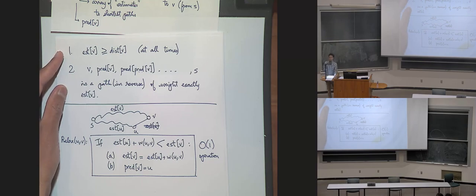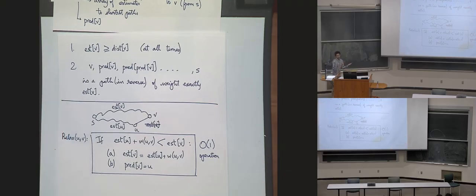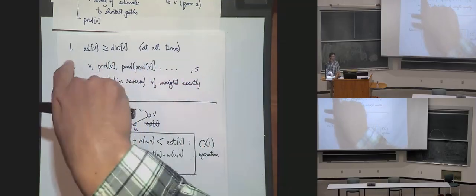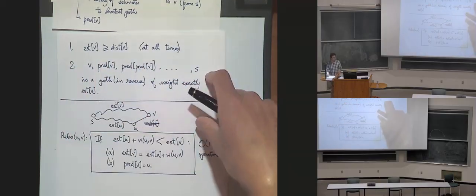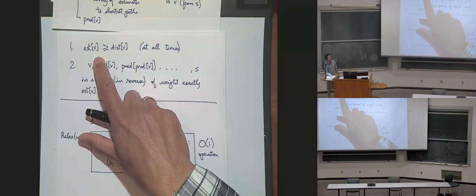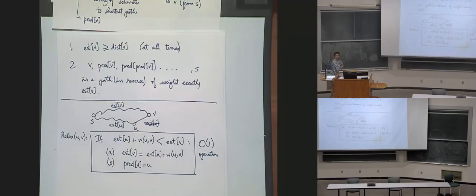If you've ever seen Dijkstra with A star, that's basically what it does. It's doing a bunch of these operations and at some point decides to stop and say, okay, I don't want to spend more time doing this. And so it always ends up with some estimate, which is always an upper bound and it always has a path of that estimate. The algorithm says, I know that there is a path of length at most that, and here's a certificate that the shortest path distance is no more than whatever it provides.